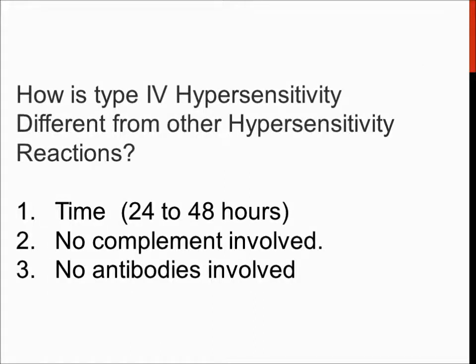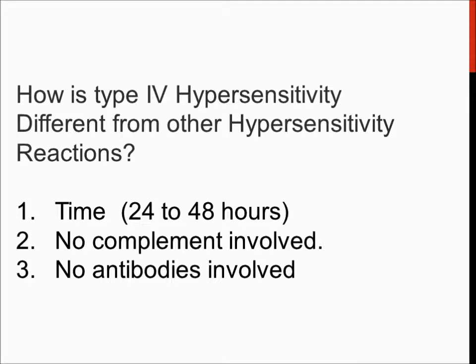Finally, I would like to end with a note on how the three different types of type 4 hypersensitivity are different from other hypersensitivity reactions that you heard about from my colleagues. Number one is the time that is involved for the reaction. It is not immediate. It tends to be 24 to 48 hours later, and in some cases, even 72.